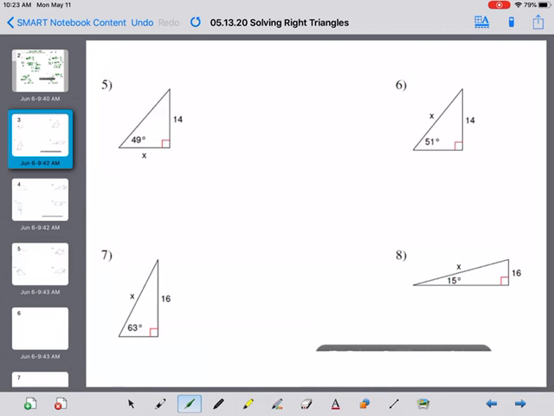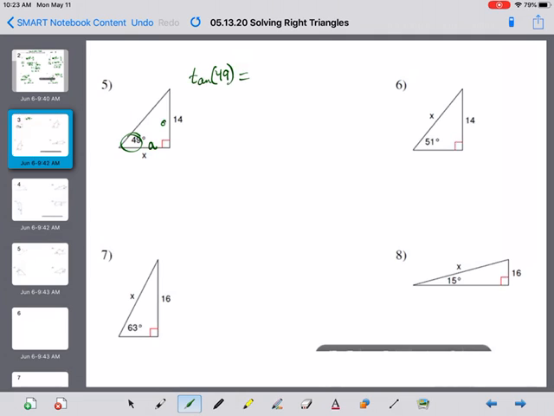So here's number 5. Go ahead, pause the video, try number 5, and then we'll check. Okay, so with respect to 49, the 14 is the opposite leg, the x is the adjacent leg. So O over A, tan. The angle comes after, so it's tan of 49.